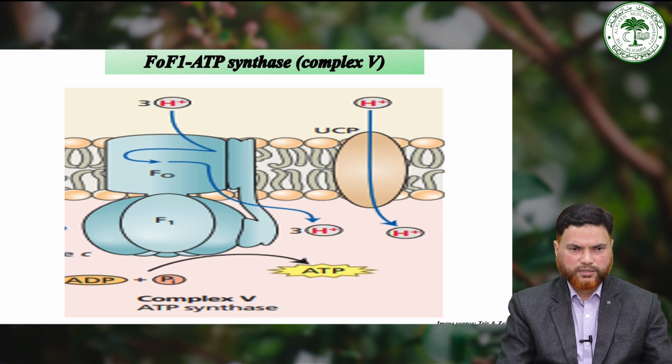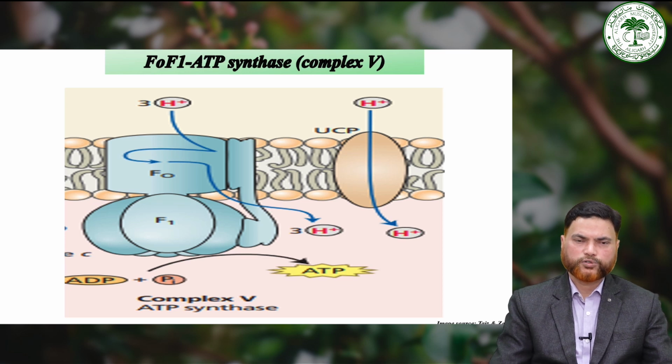F1 protrudes into the mitochondrial matrix and is responsible for synthesis of ATP. The F0 complex spans the inner mitochondrial membrane and forms a proton channel through which protons flow down their electrochemical gradient.